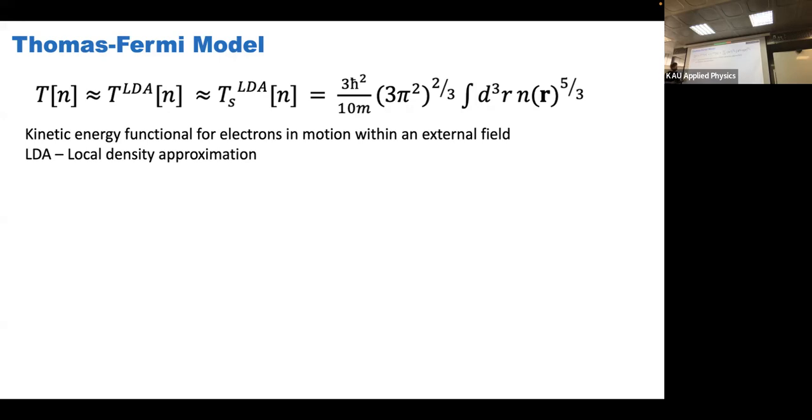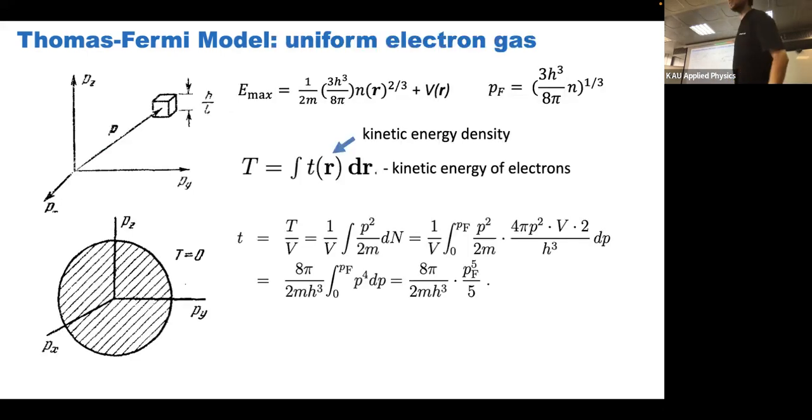Then we make all these calculations which I showed you, and then we can say, okay, this kinetic energy from the real world, we can approximate it by some local density approximation. What does it mean? It means that we take some place where this electron density is stable, it's constant.